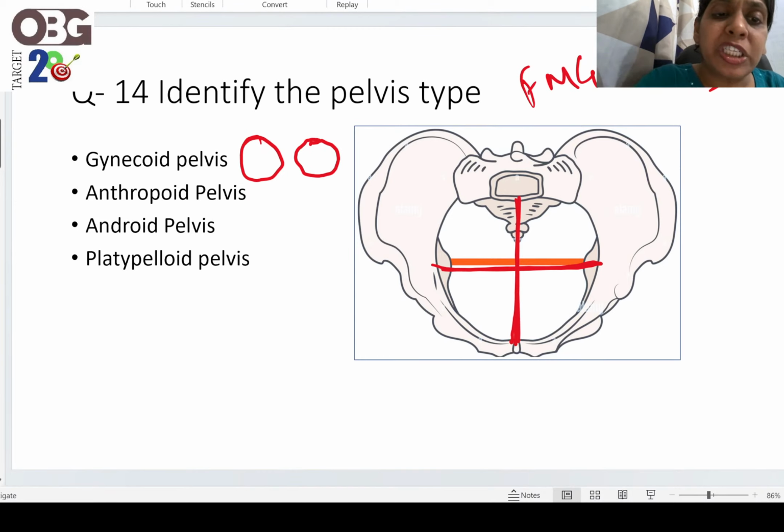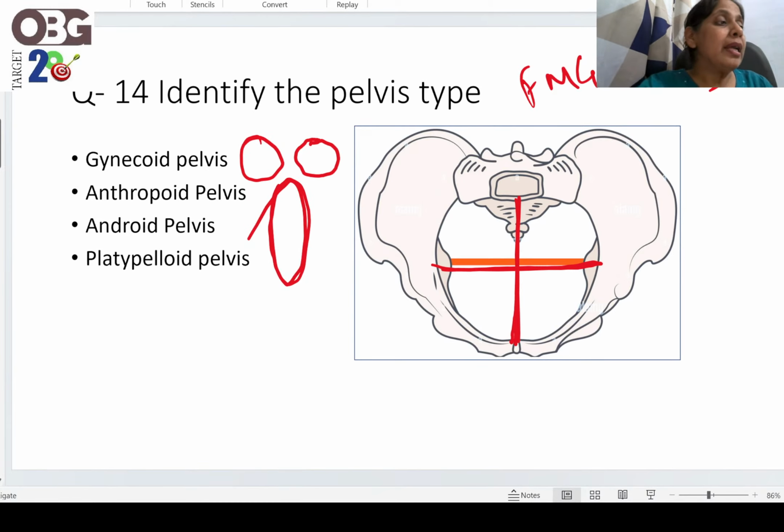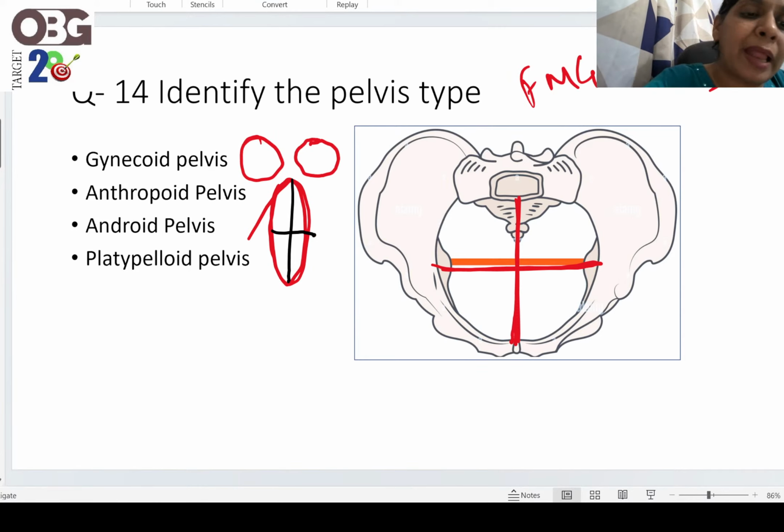If I draw the shape of the anthropoid pelvis, it is a longitudinal oval. The antero-posterior diameter is much higher than the transverse diameter. Let me draw it for you. And the android pelvis is basically heart shaped and very easy to recognize.